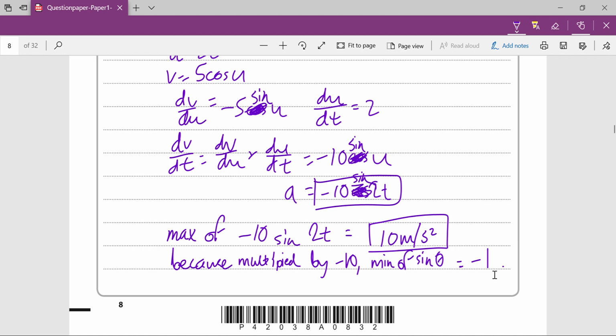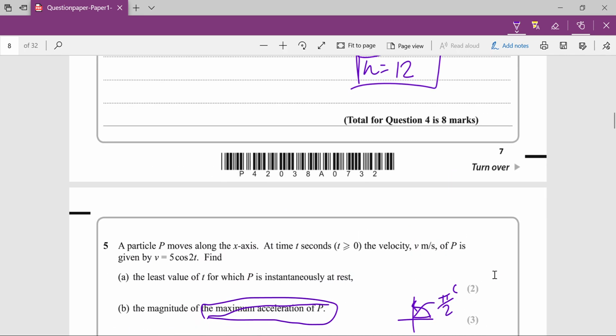Therefore, when sine 2t is at minus 1, for example, at a point where we have 2t being equal to 3 pi over 2 seconds, we will get the minimum value of sine 2t, which gives just positive 10 meters per second squared.